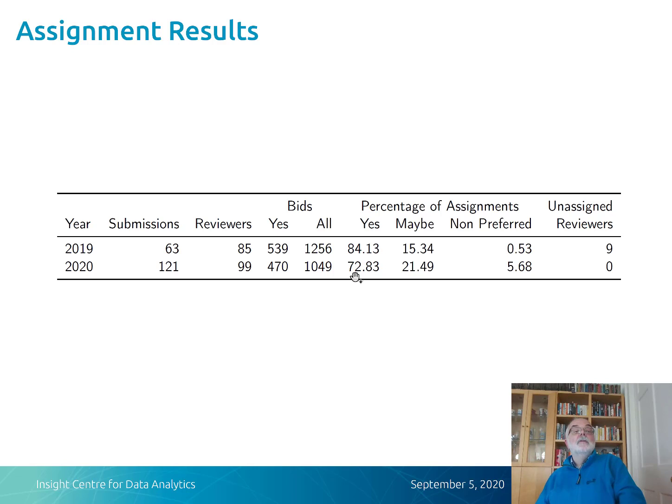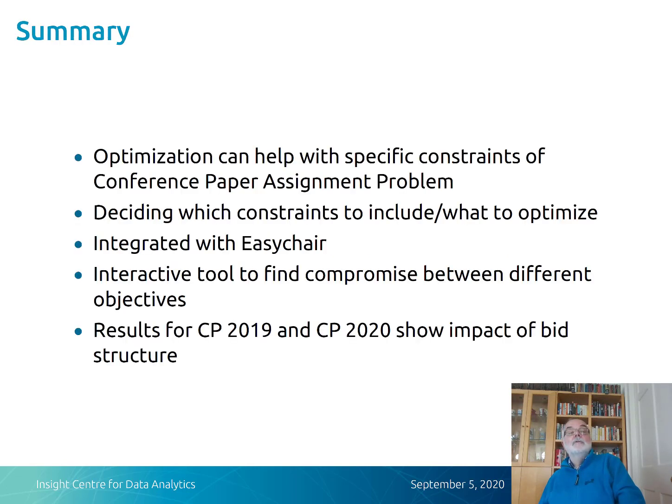Only 72% of the assignments were taking yes bids, and 21% were taking maybe bids, and somewhat over 5% of all the assignments were non-preferred, and we simply didn't have enough reviewers to satisfy the requirements there.